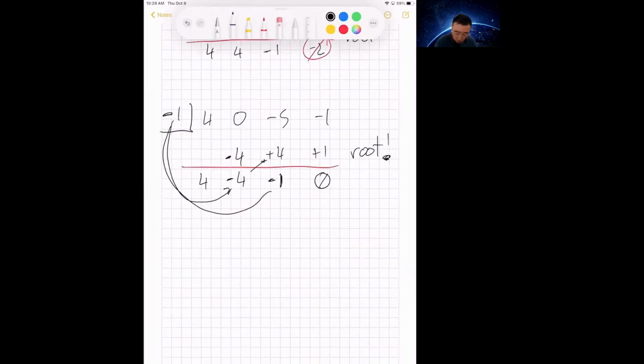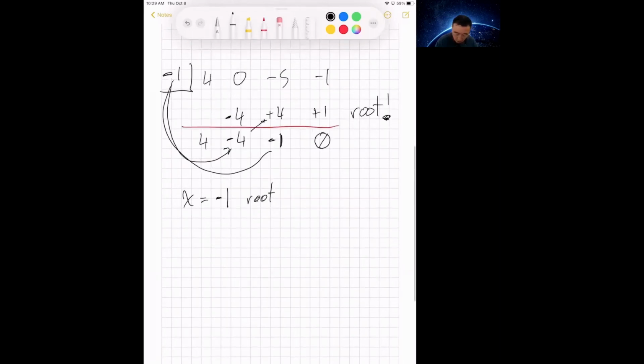So we know that one of the roots is negative 1, right? And so one of the factors is x plus 1.